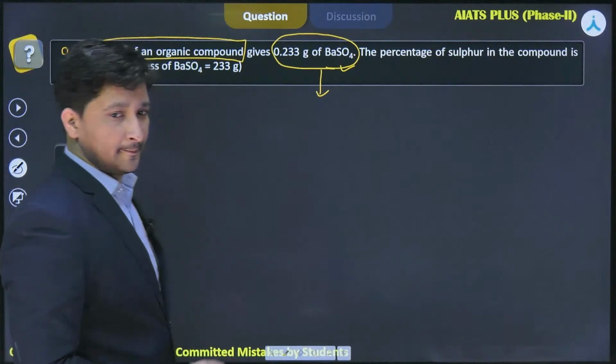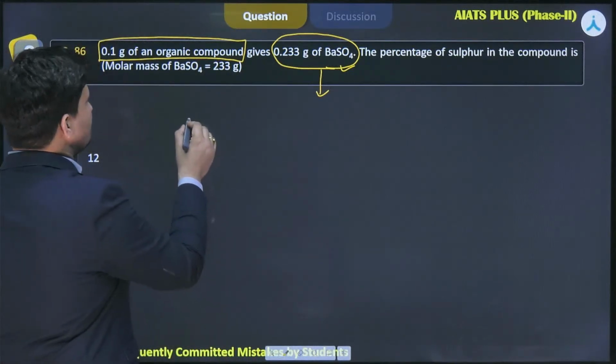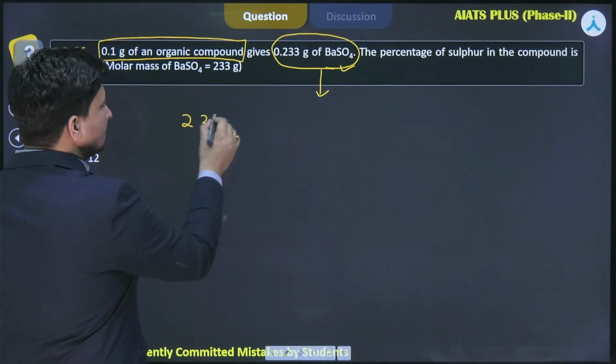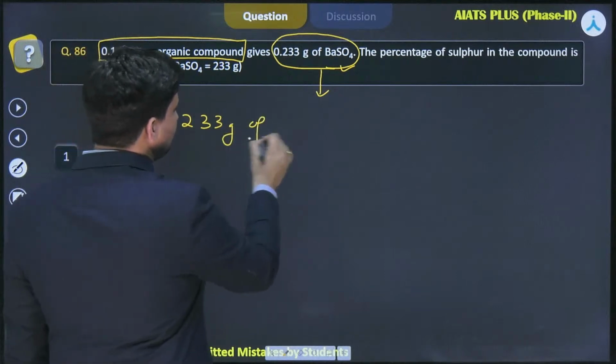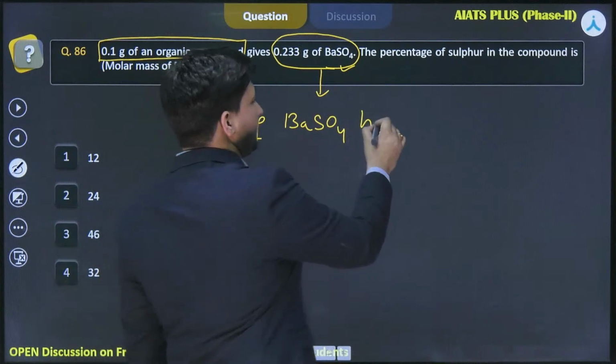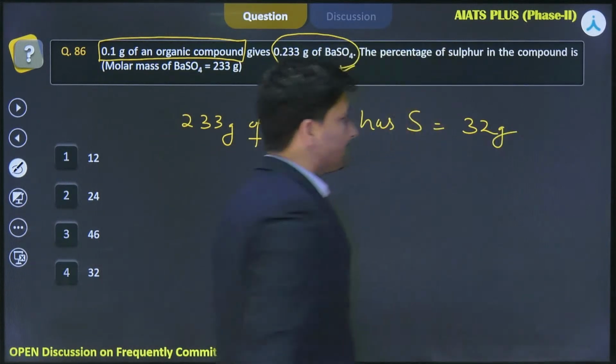Kumaran is saying 32% will be the answer. Let's have a look here. 233 gram of barium sulfate has 32 gram of sulfur.